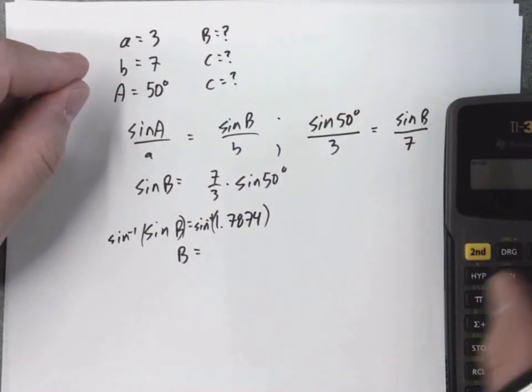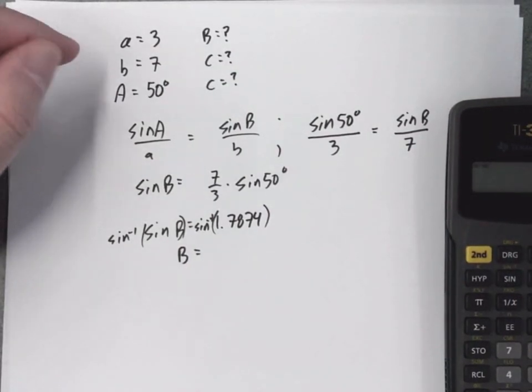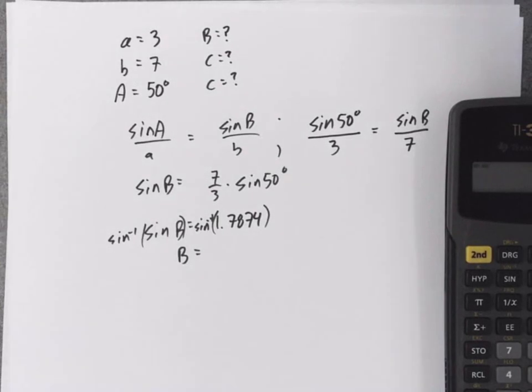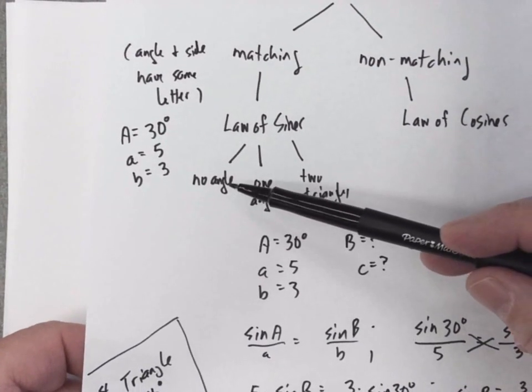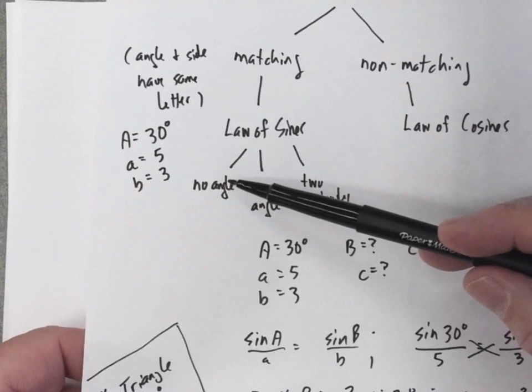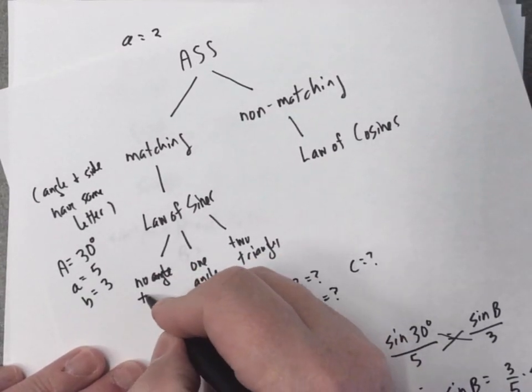Okay. Two possibilities. One possibility is maybe this is a case where there's actually no triangle. Instead of angle, I should have said no triangle.